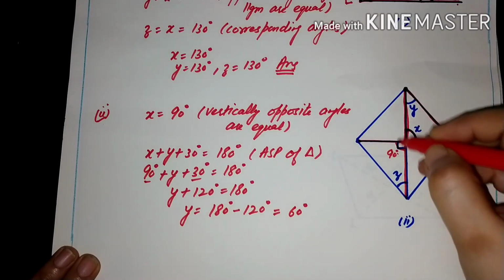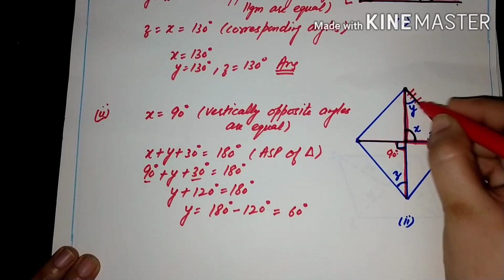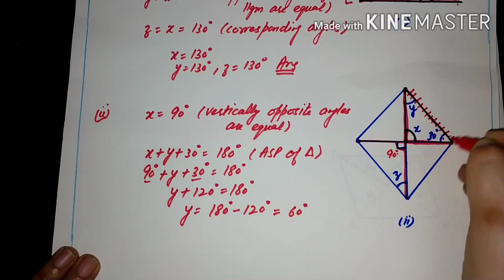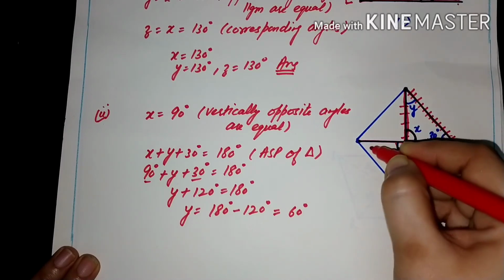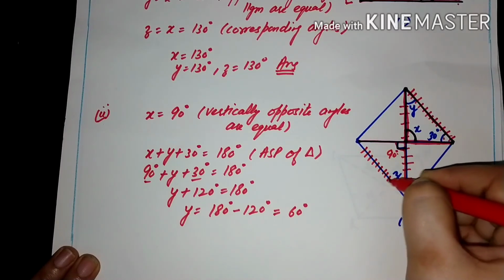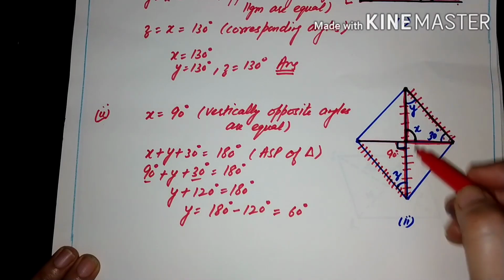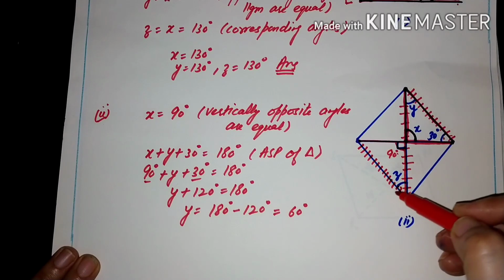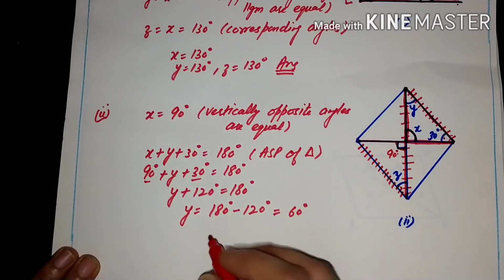Now you can see here y and z. Carefully you can observe that these are forming the shape of the letter Z. So that means y and z will be equal. Why? Because they are forming which pair of angles? Alternate interior angles.